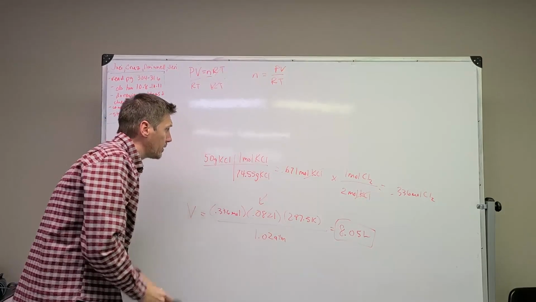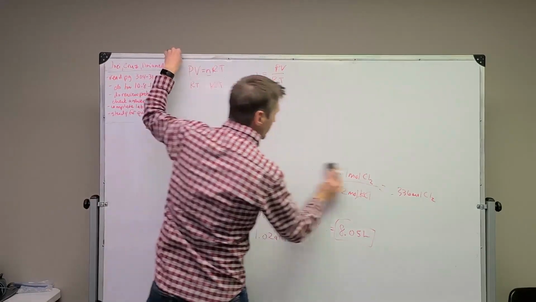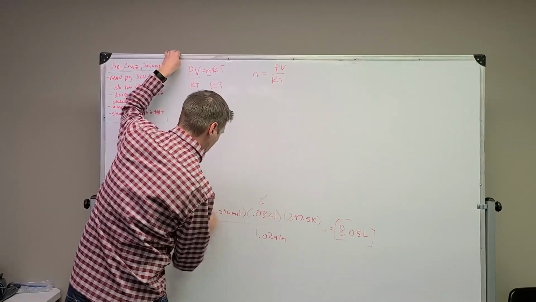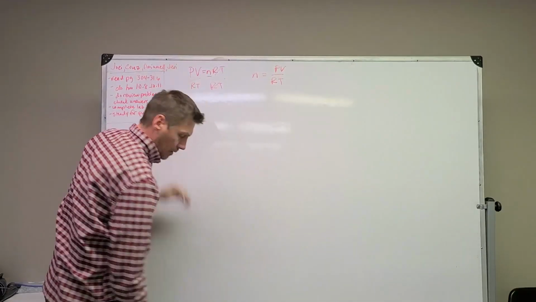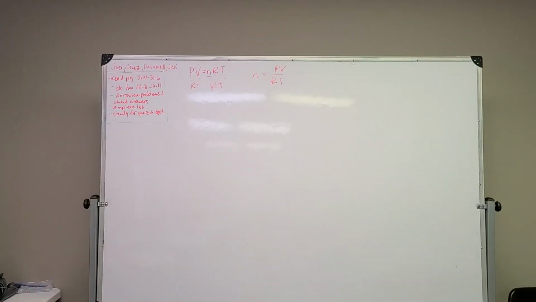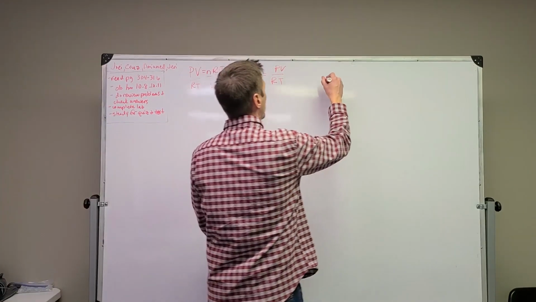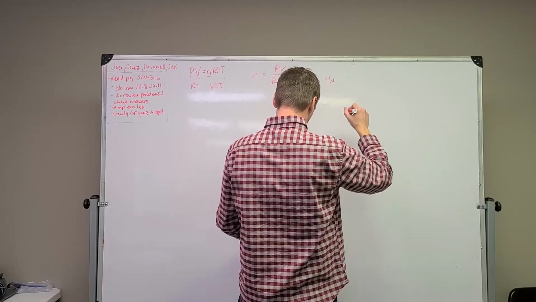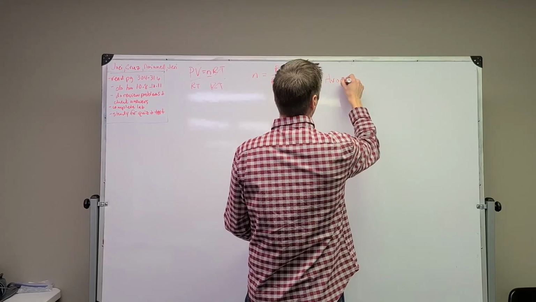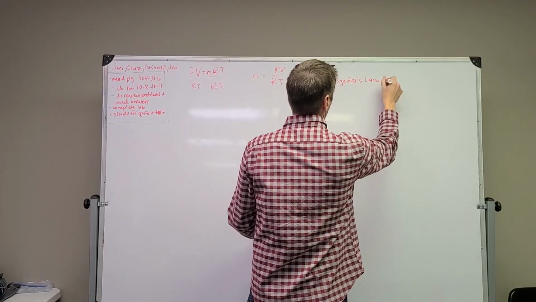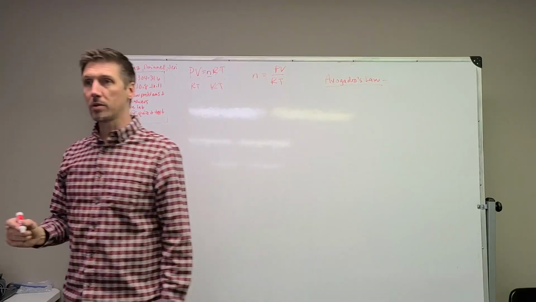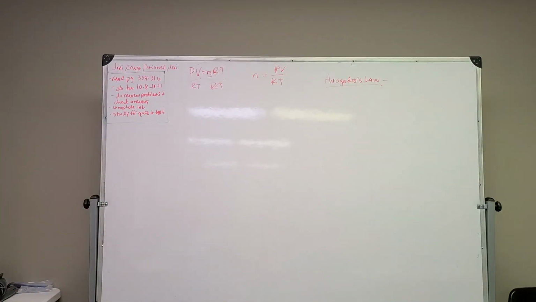All right, if we do that, we can see another law that's referred to as Avogadro's law. Avogadro should seem familiar because he had a number. That's right.